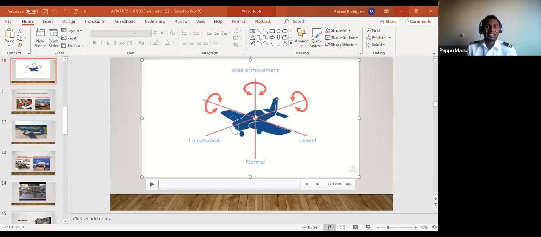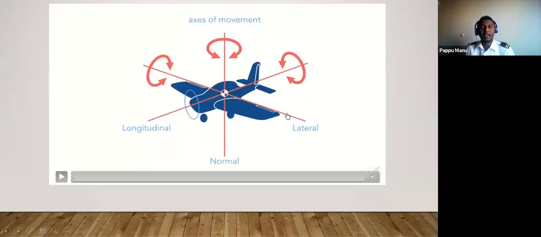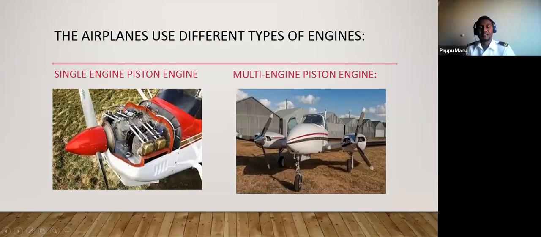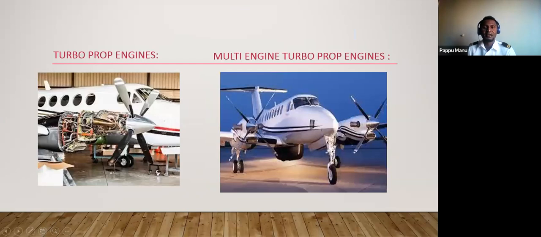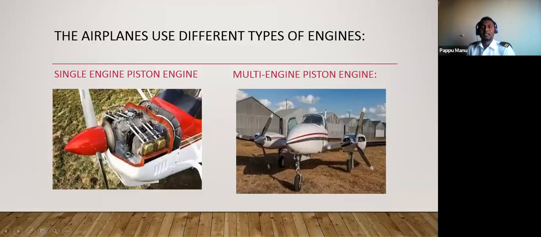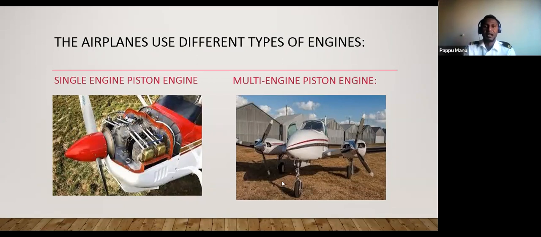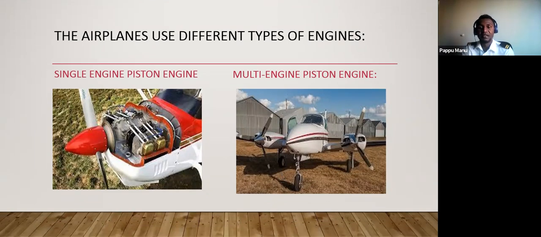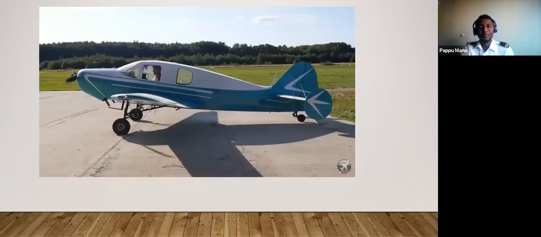All right, so yesterday we finished the parts of the aeroplane. We went and saw the actual plane, its wings, ailerons, elevators, rudders, horizontal stabilizer, vertical stabilizer, the trimmer. There we saw the flaps, we saw the landing gear, on different types of aircraft.